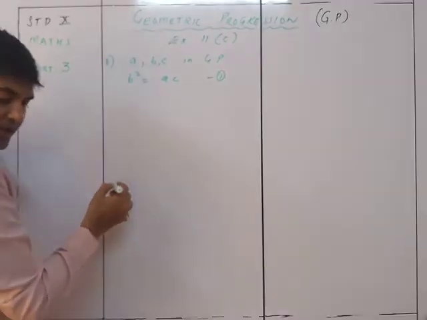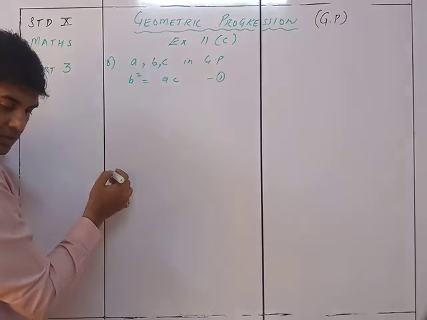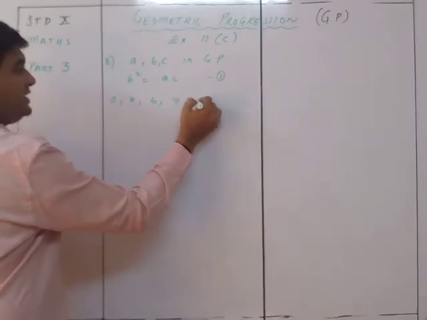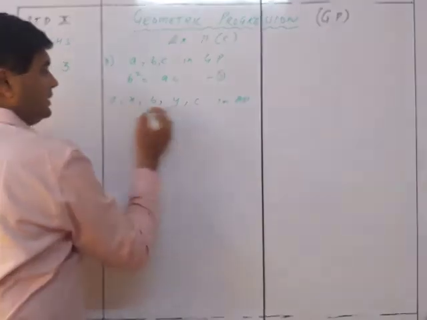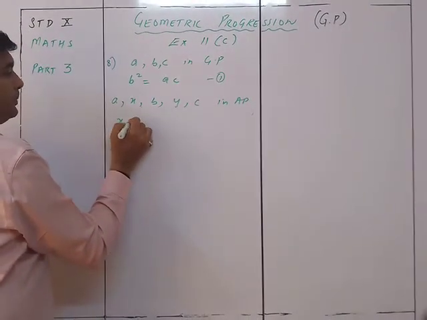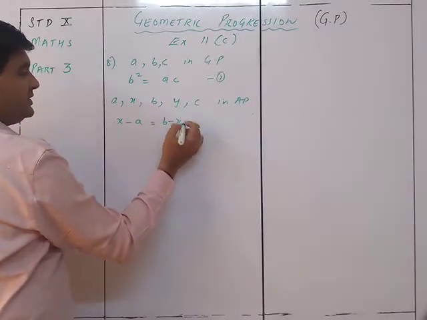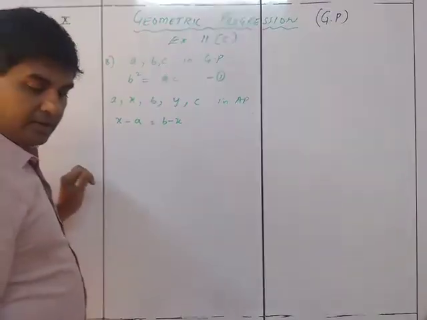The other thing what we have is A, X, B, Y, C in AP. Therefore, we know that X minus A is equals to B minus X, right?